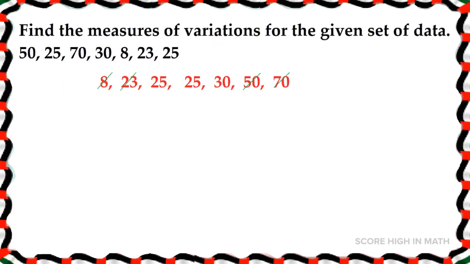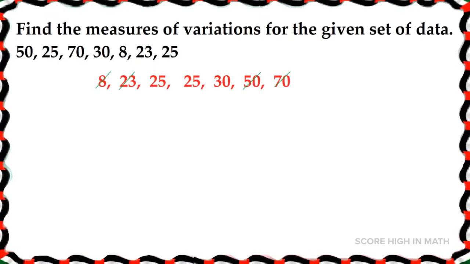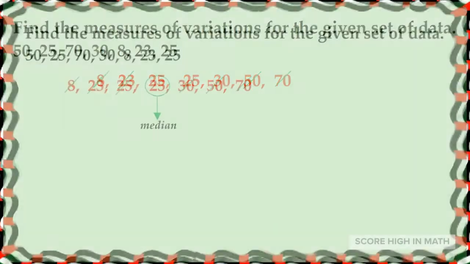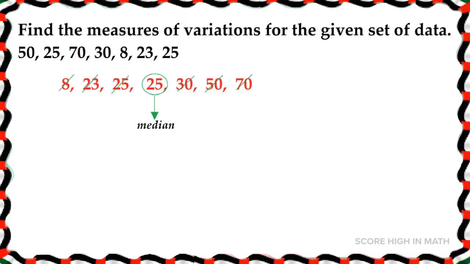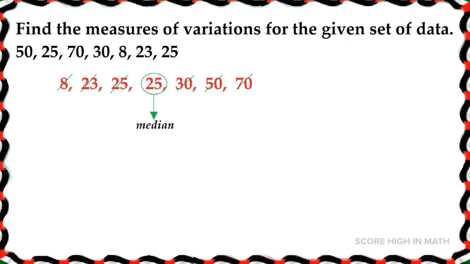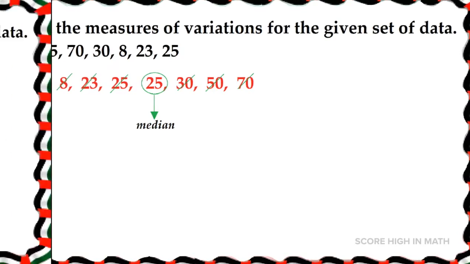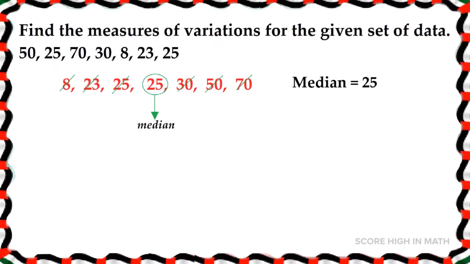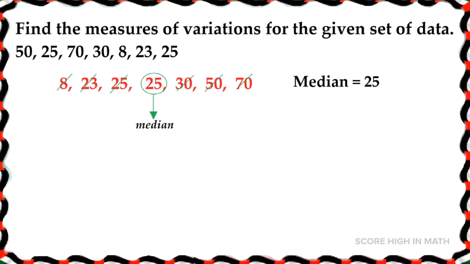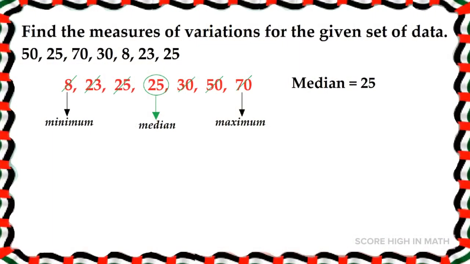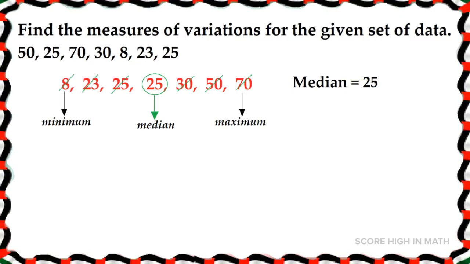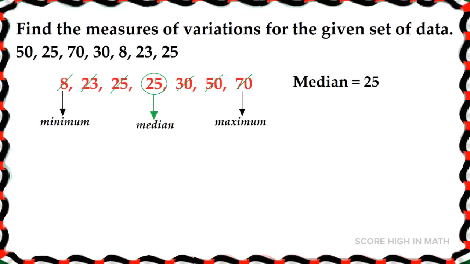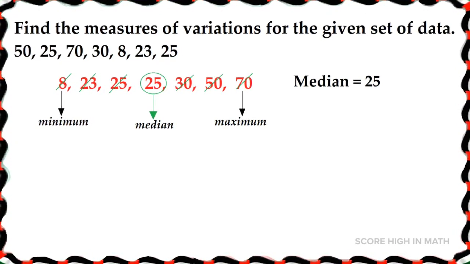Then we are going to cut out the numbers from both sides starting from the outside until you get into the middle number. And the middle number here is 25. That is the median. You can also identify right away the minimum and the maximum number. But remember, arrange the numbers from least to greatest.